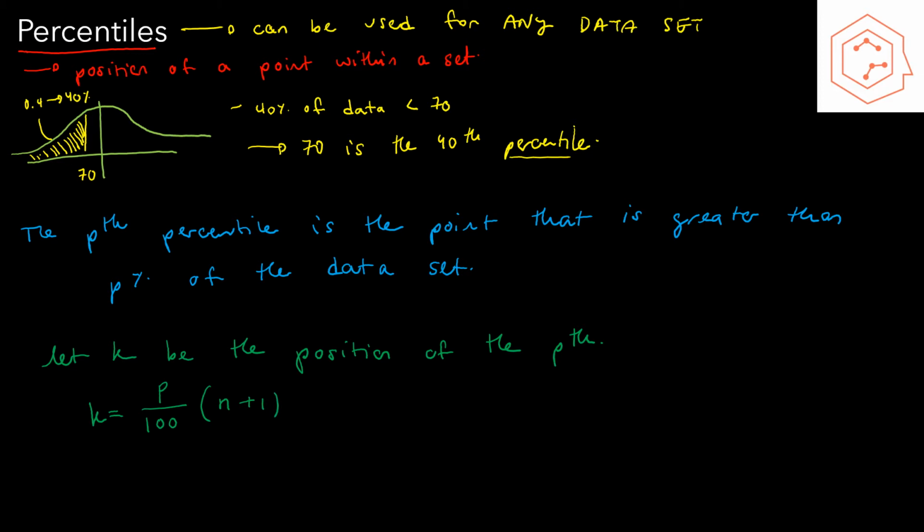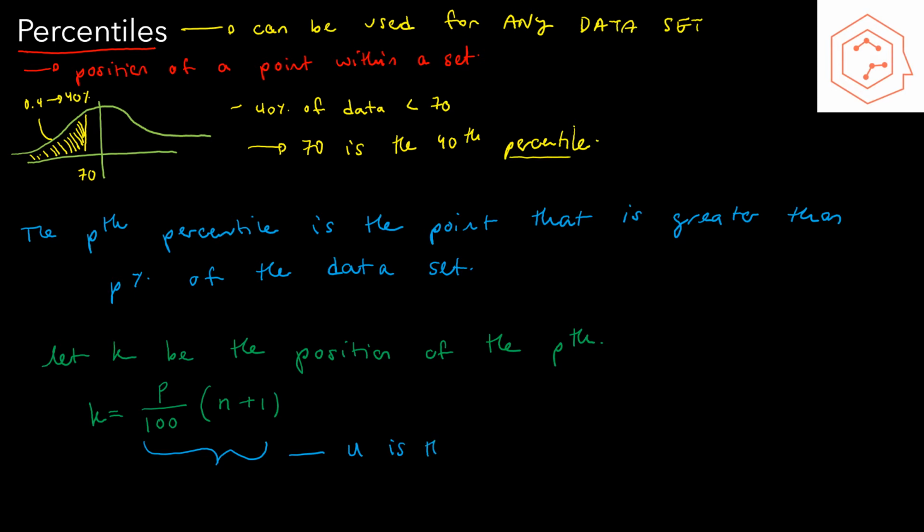So if you remember, for the median, we found its position by multiplying 0.5 multiplied by the number of points within the set plus 1. So that was a specific case where p was equal to 50 for the 50th percentile divided by 100, which gave us 0.5.